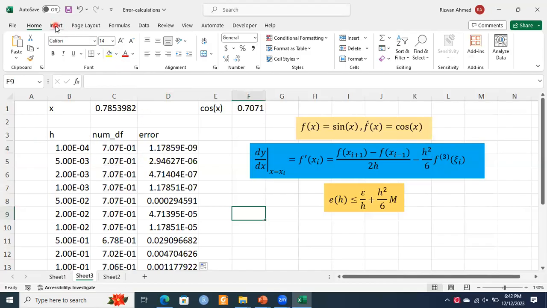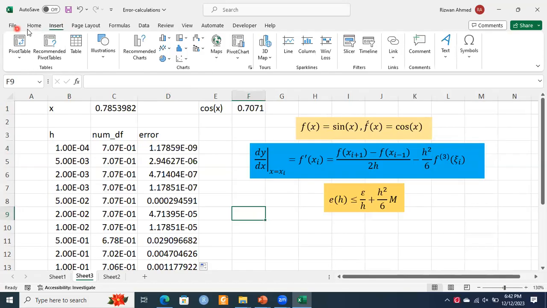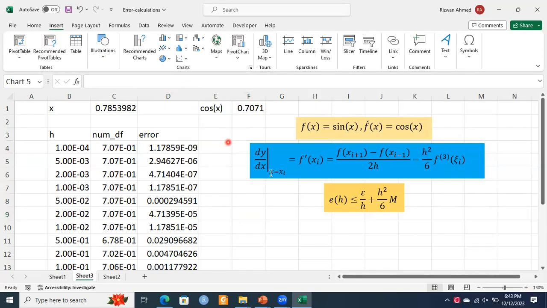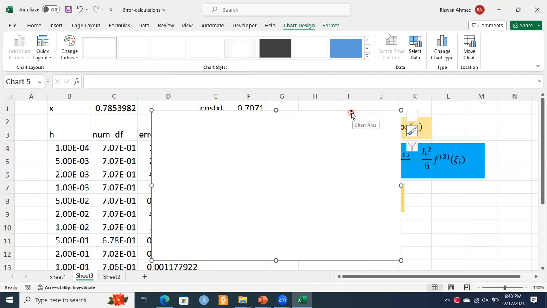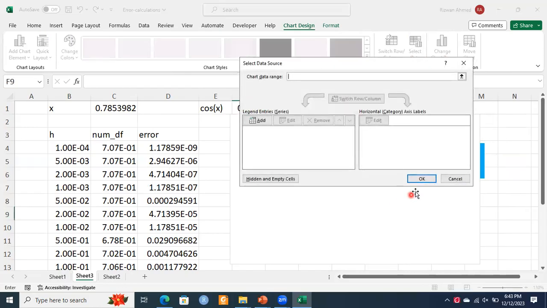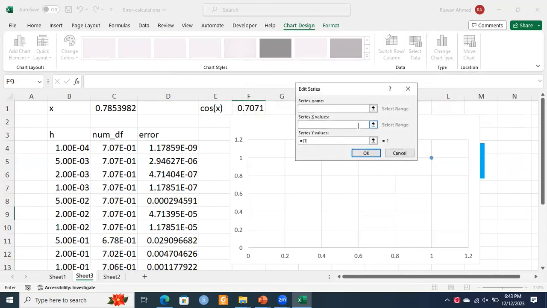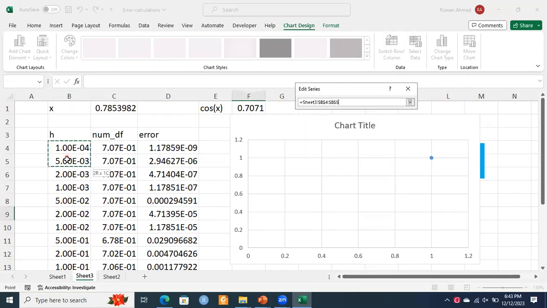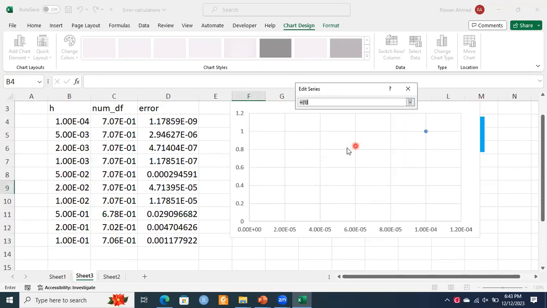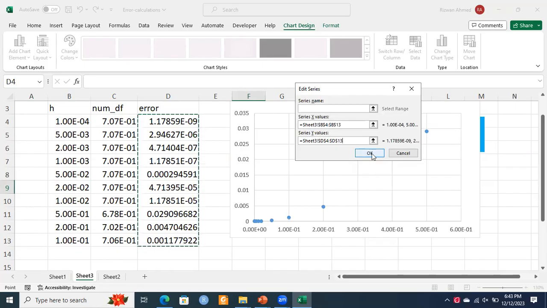So for this, I select the graphs, scatter graph, in the select data, add a series, x values. On the x-axis, I would like to plot h, and on the vertical axis, I would like to plot the error values.